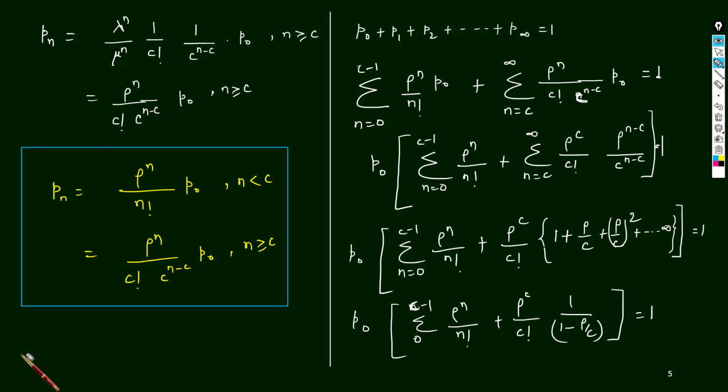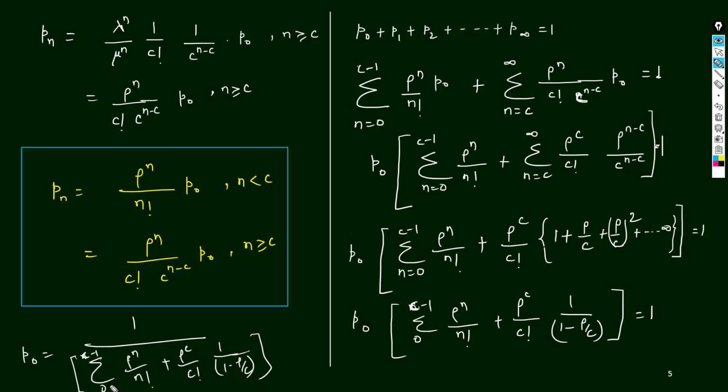Okay, so we can just write here P naught is equal to 1 divided by sigma 0 to c minus 1 rho to the power n by n factorial plus rho to the power c by c factorial 1 by 1 minus rho by c, and just the bracket here.